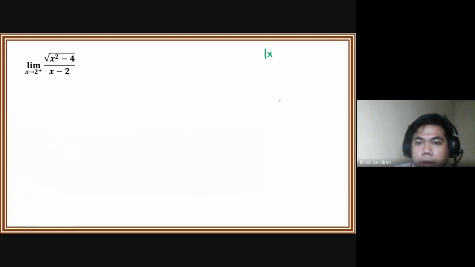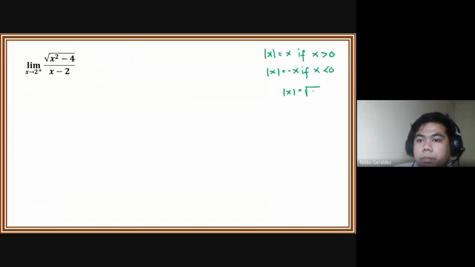So, absolute value of x is equal to x if x is greater than 0. And absolute value of x is equal to negative x if x is less than 0. And absolute value of x is equal to square root of x squared. So, apply natin dito.